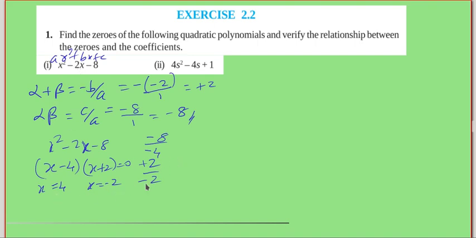So what is the sum of the zeros? These two zeros we have to add for getting the sum of the zeros. 4 plus, this is one of the zeros, the other zero is minus 2. If we add, what will we get? One is positive, another one is negative, we get plus 2.